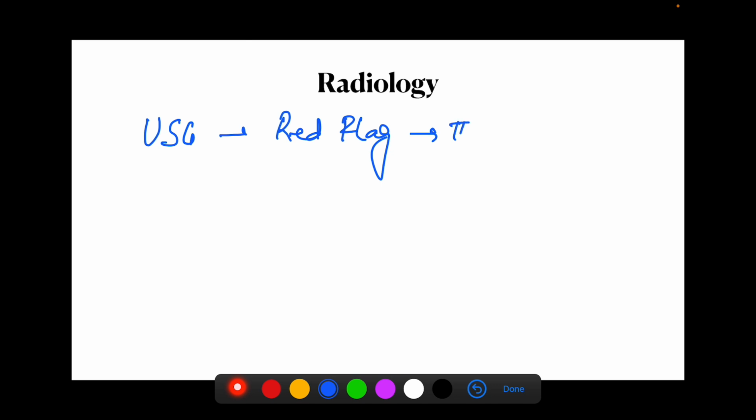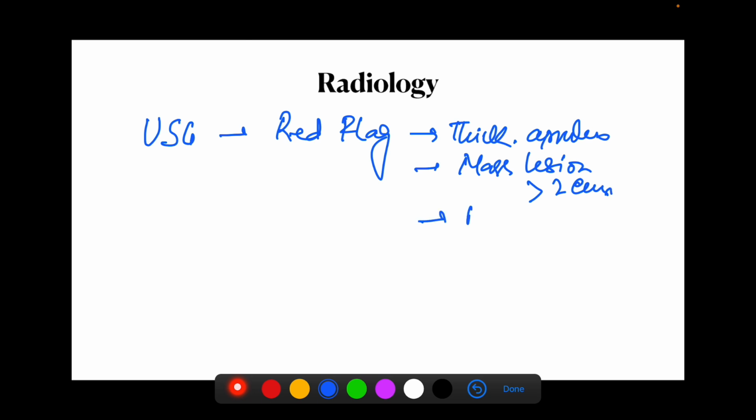What are those? Very thick appendix, mass lesion, especially more than 2 cm at the tip, body or base of the appendix, presence of mucinous ascites.